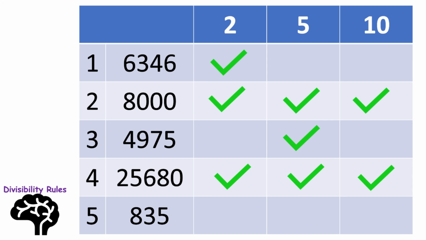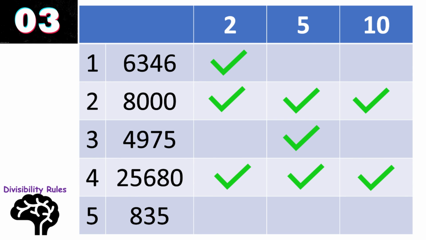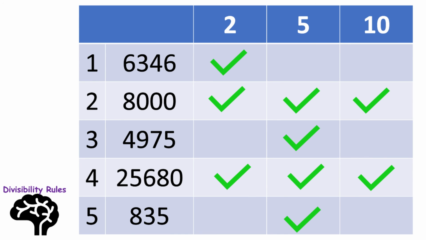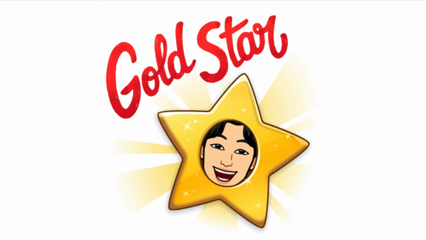Number 5, we have 835. 835 is only divisible by 5. Nice one, learners! Now, let's have another activity.